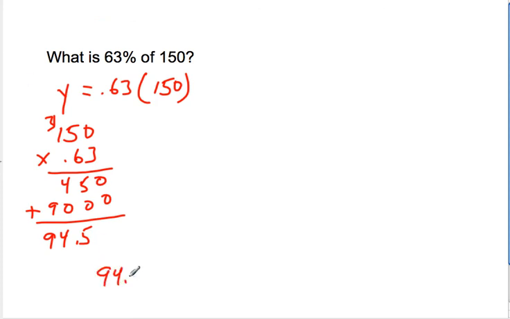So 94.5. If I was going to set this up as a, I lost my mind for a minute. Proportion, there we go. Part over whole. We have the number fraction, the percent fraction. Let's make that an equal sign. So we have equals.